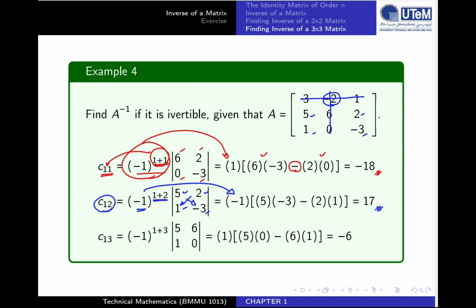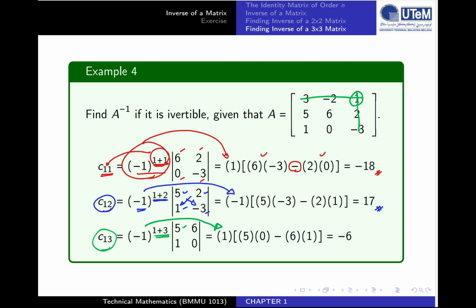And then the last one is for C13 here, which is for value 1 here. Reduce first row, third column. So you can get negative 1 to the power of 1 plus 3, so we can get 1 here.